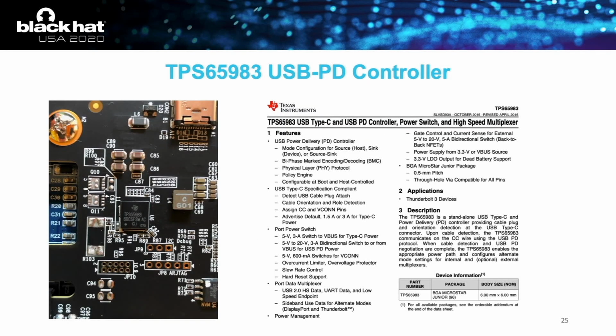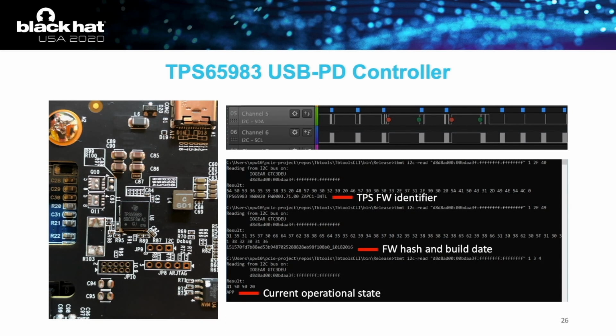The TPS is actually quite the opposite. There's a public data sheet that you can have a look at, and you can actually talk to this thing over I2C. So, for example, to get firmware identifiers, the current operational state, and I think there are even some registers in there that allow you to change the current output voltage.